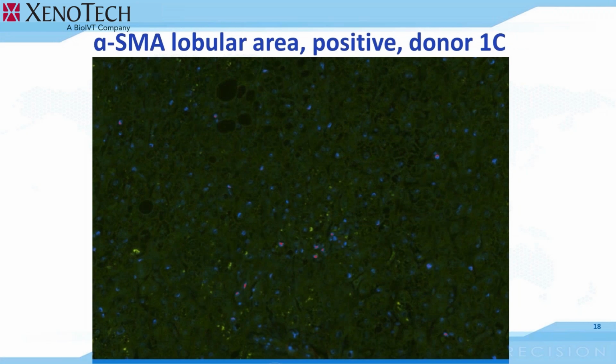Use of an array allows analysis of a smooth muscle actin marker in a specific cell type and its location that is not visible in isolated cells or fractions. We also have another great example of the use of the array to study extracellular matrix.